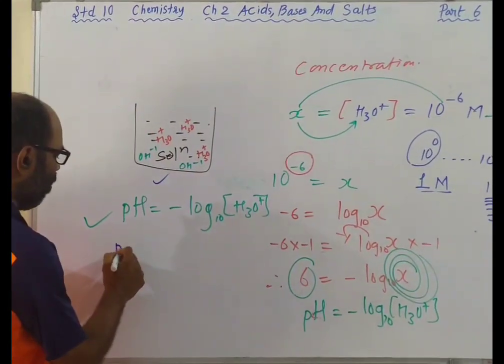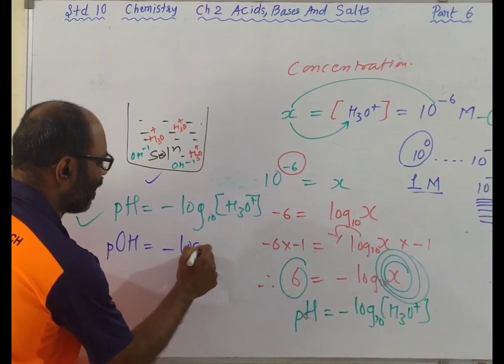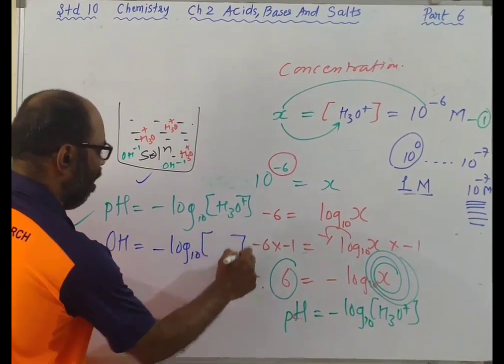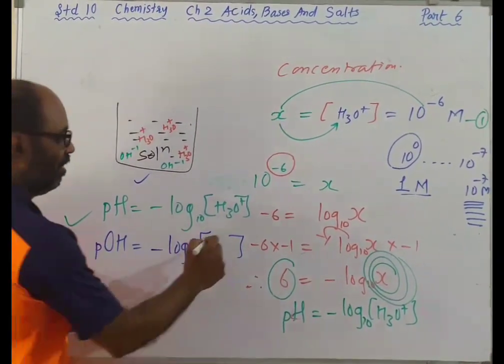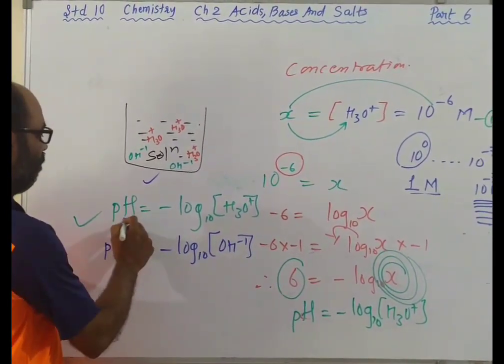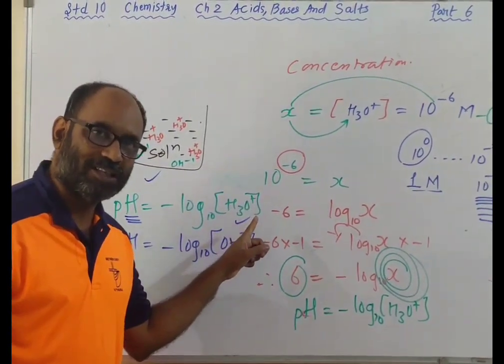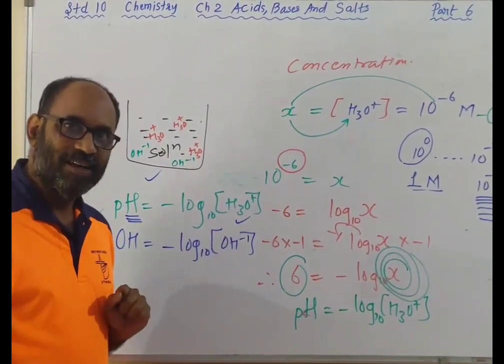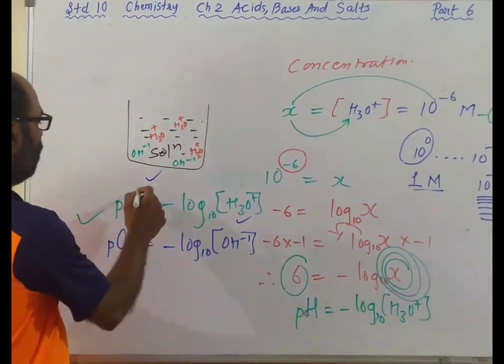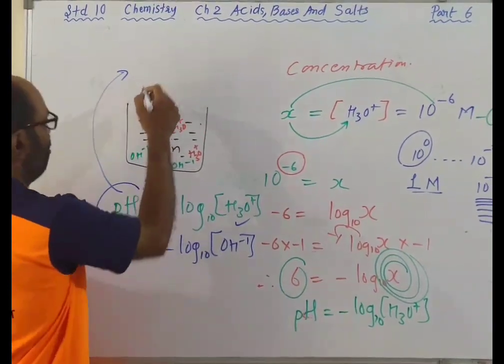And pOH, that is negative logarithm to the base 10 of, if you are finding pOH, here you have to consider the concentration of hydroxide ion. If you are finding pH, you have to use the concentration of hydronium ion. Did you understand? So I told you earlier, pH means what?